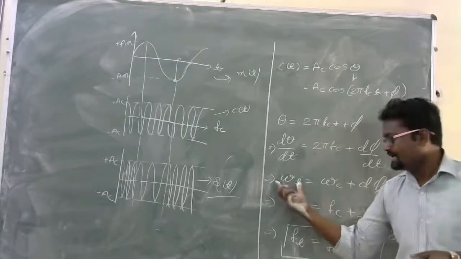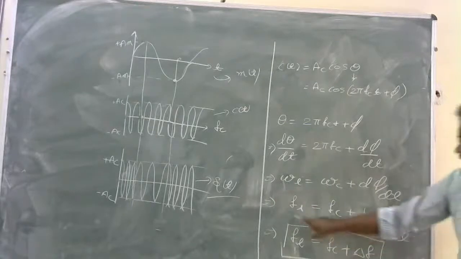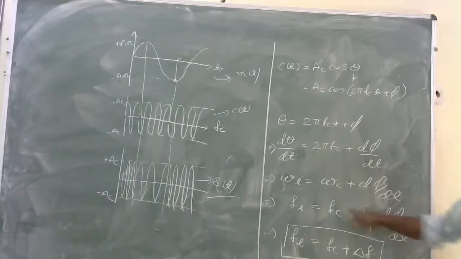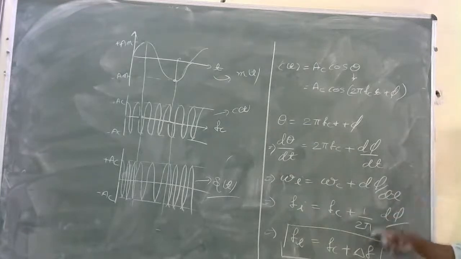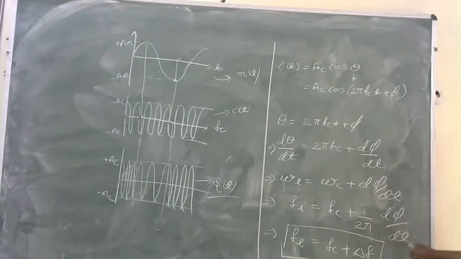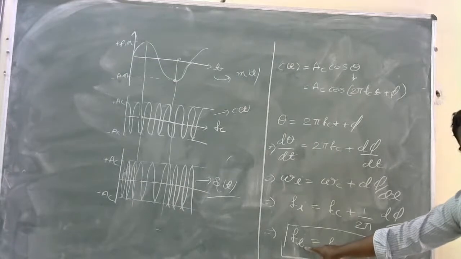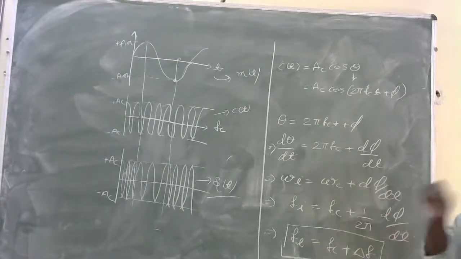Taking 2 pi as a common part, fi equals fc, and this 2 pi will be transferred to the denominator of d phi by dt. So we get 1 upon 2 pi d phi by dt. This term, 1 upon 2 pi d phi by dt, is known as del f, that is frequency deviation. Accordingly, we get the instantaneous frequency by adding the frequency deviation to the carrier frequency.